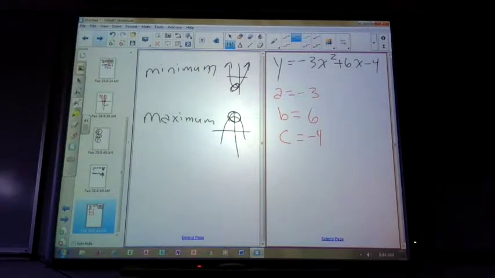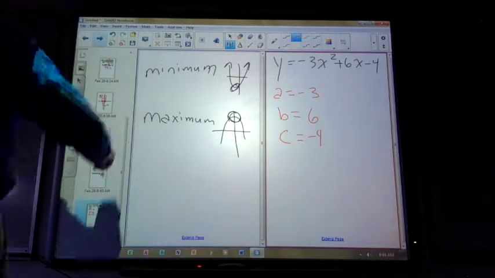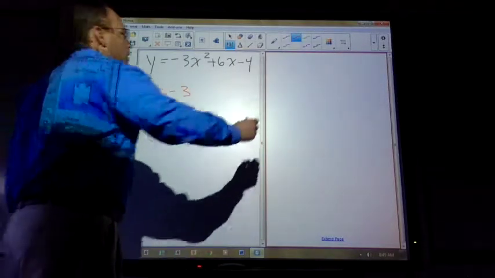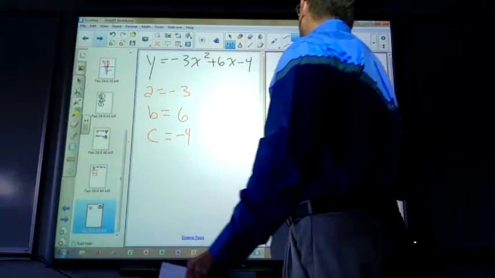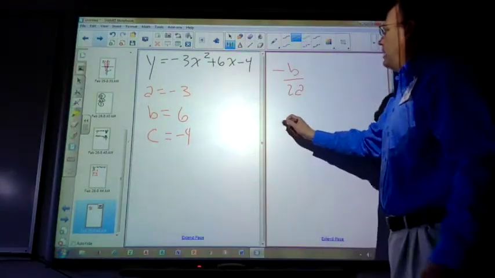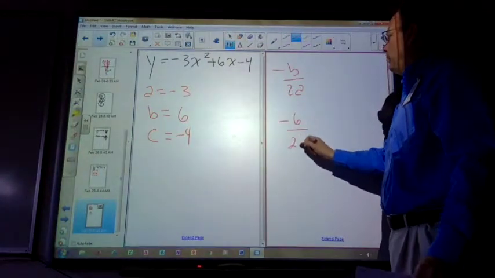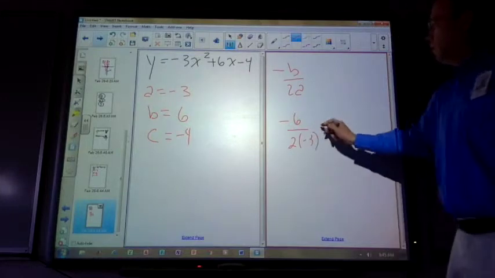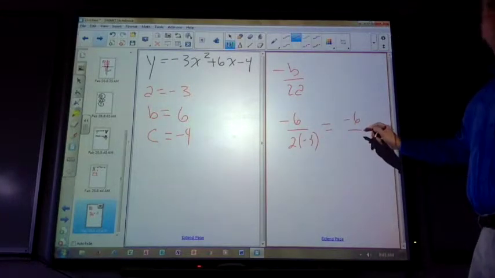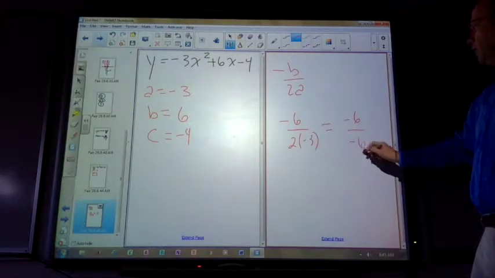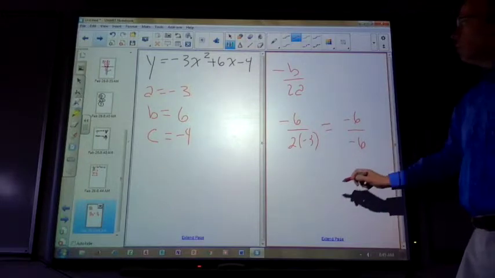Still with me? Okay. The axis of symmetry is the equation x equals blank. No, wait, let's see, we have to do a little bit of work on this. All right. So I'm going to go negative b over 2a, and that's going to give me negative 6 over 2 times negative 3, which is negative 6 over negative 6, which is 1.